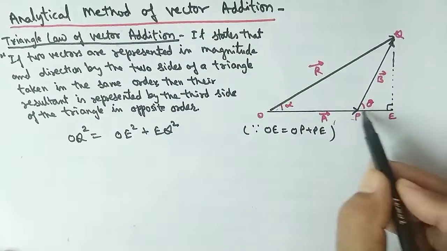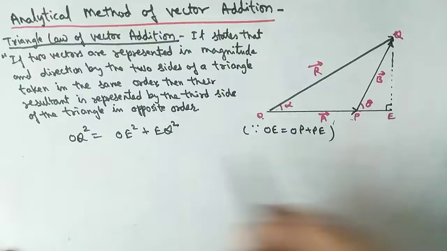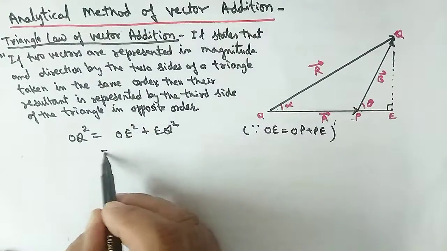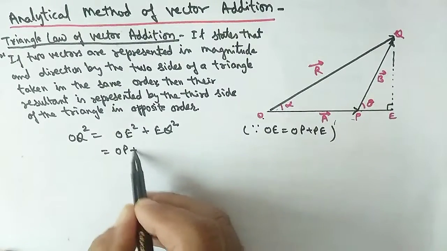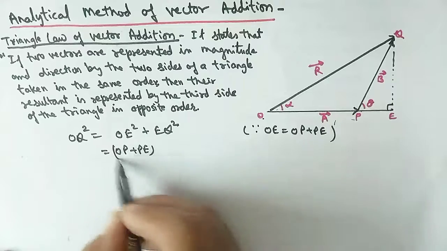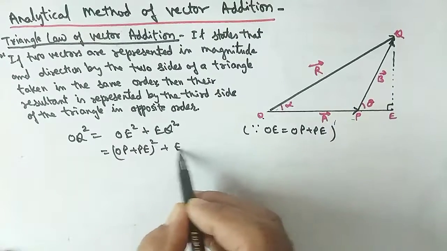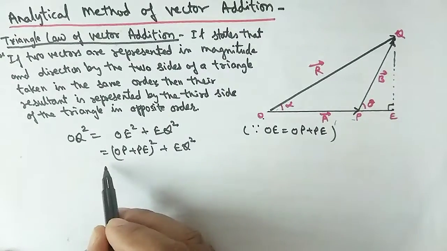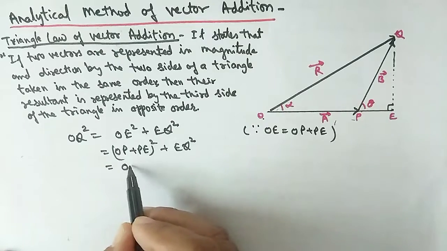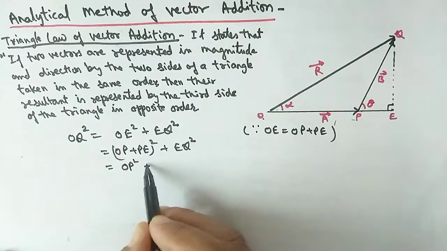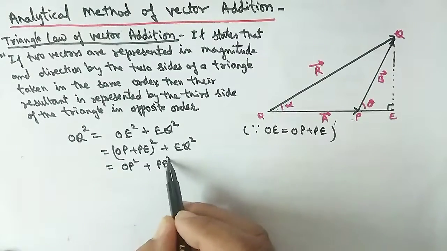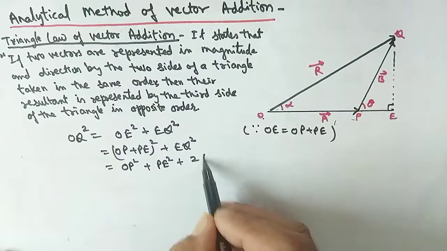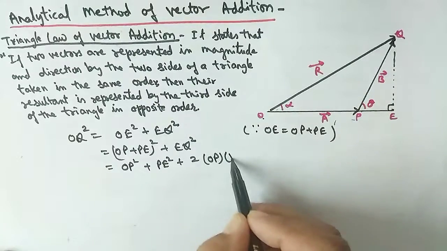So OP plus PE whole square plus EQ square. Open the bracket: OP square plus PE square plus 2 OP PE plus EQ square.